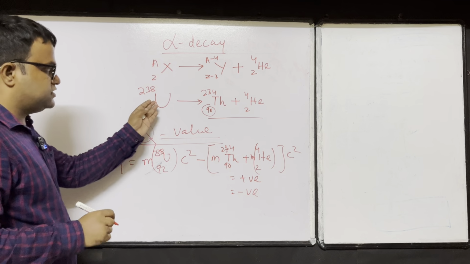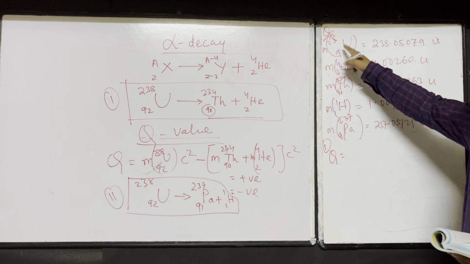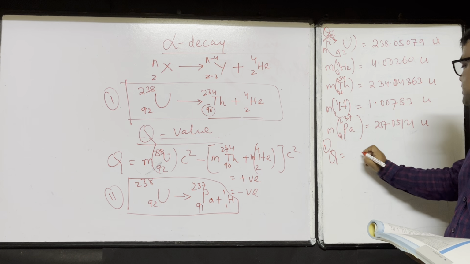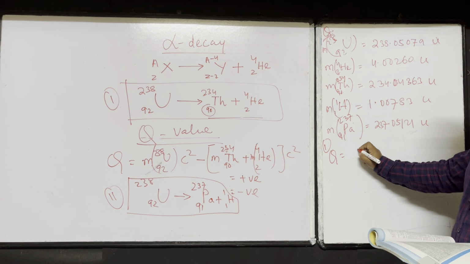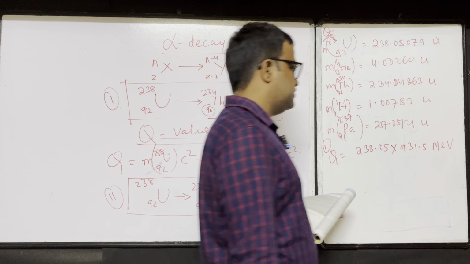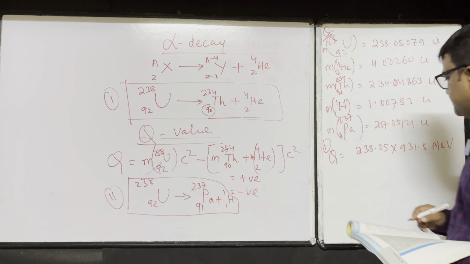Suppose for case 1 you are calculating: the reactant mass energy is uranium 92 238, and its mass is 238.05 U. If you want to convert it into MeV, multiply by 931.5, so it will become MeV. 1 U multiplied by c square gives 931.5 MeV.